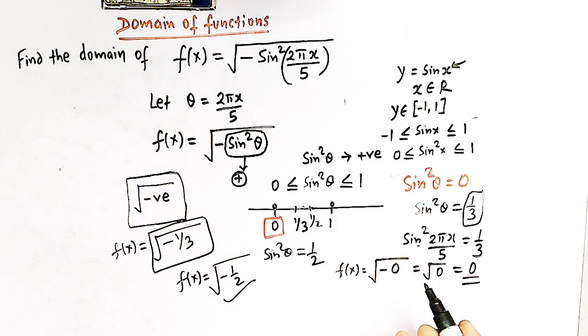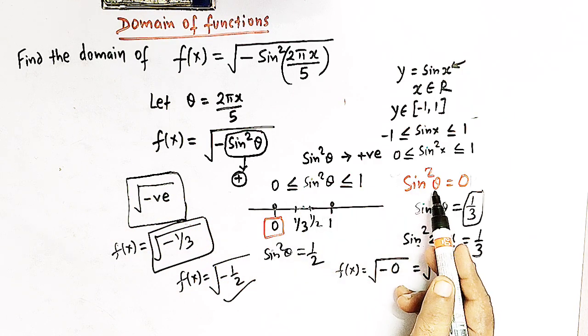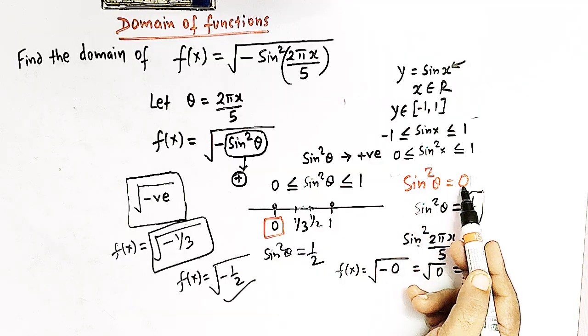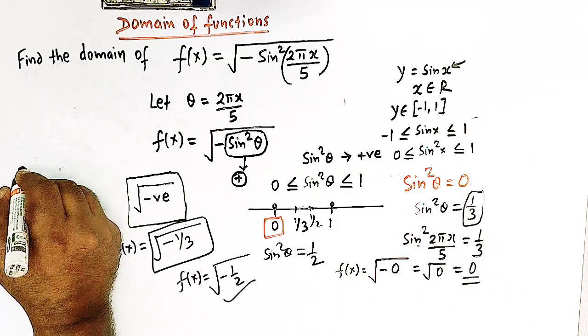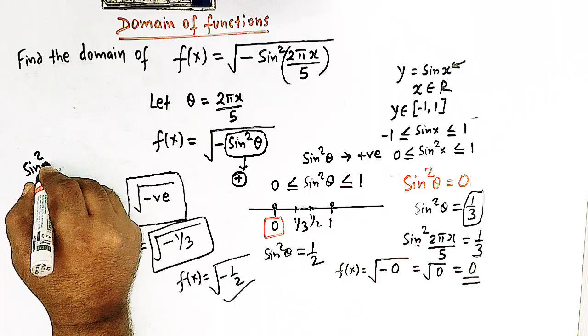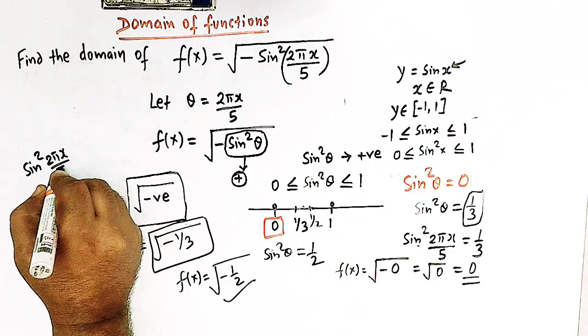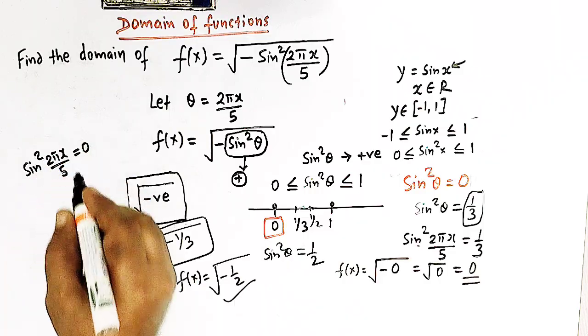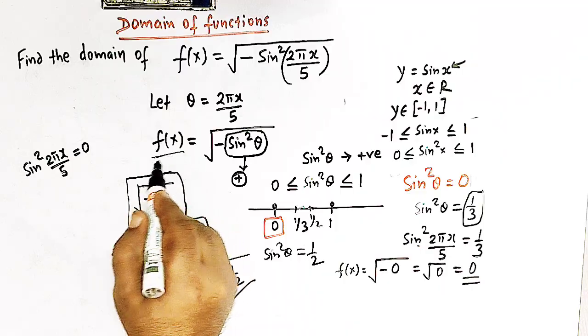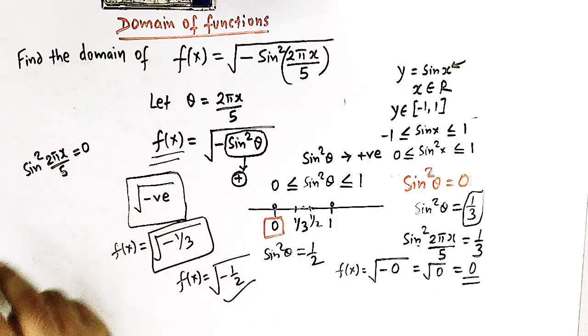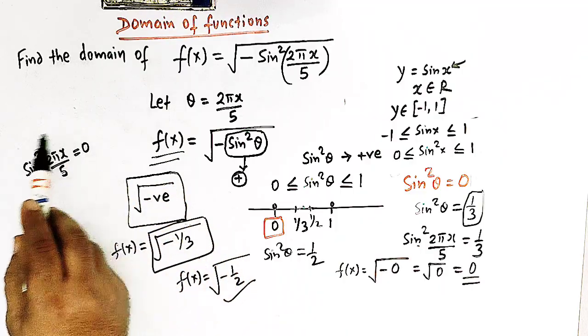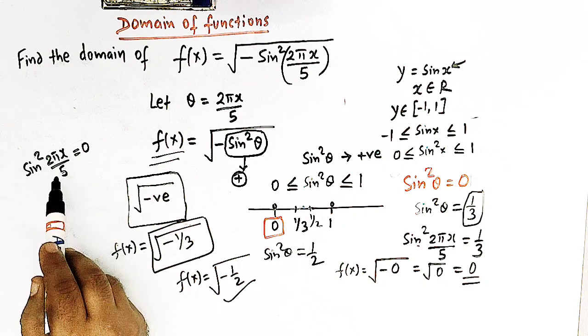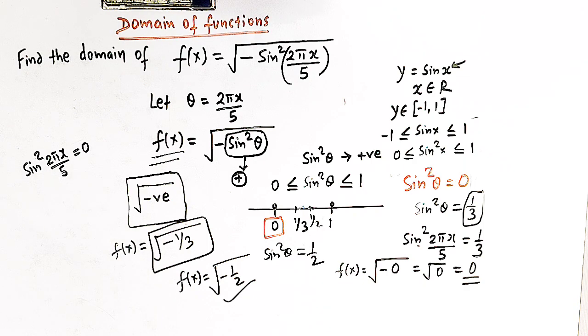And in that case this function f of x is defined for all values of x for which sine square theta is equal to 0, or sine square 2 pi x over 5 is equal to 0.